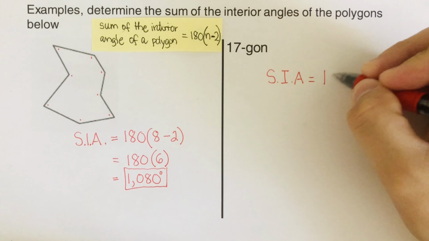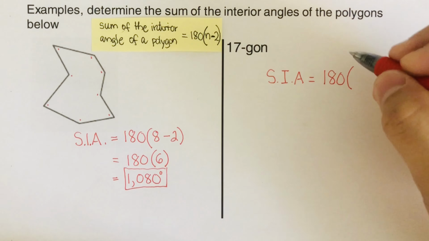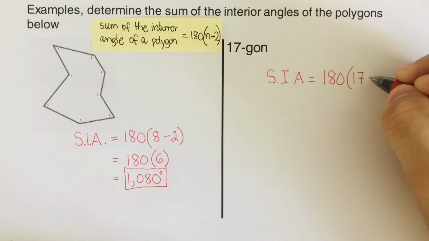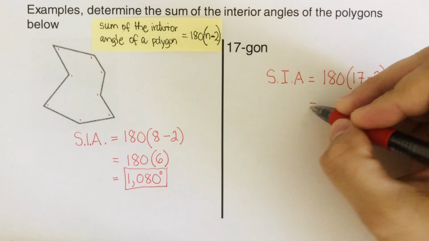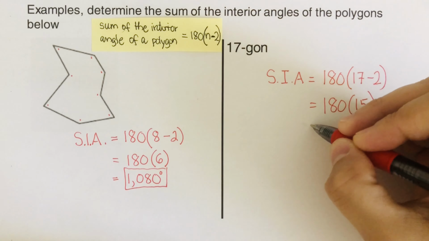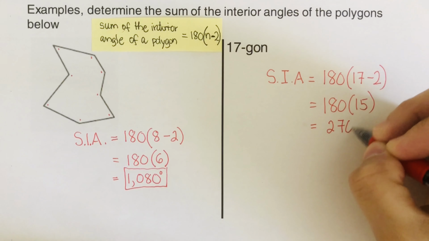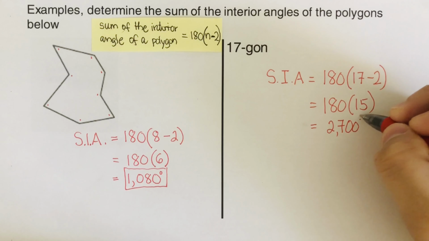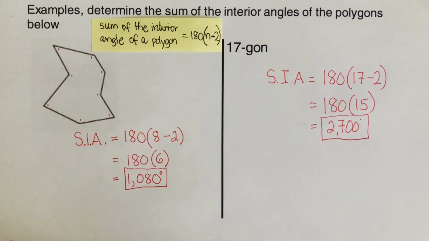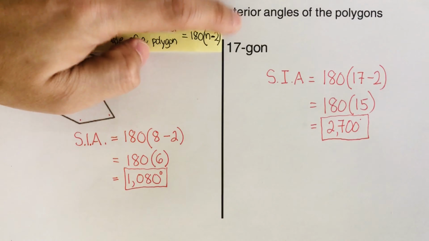That would be 180 times n, where n here is 17, so 17 minus 2, which is 15. So 180 times 15 is 2700 degrees. So the sum of the measures of all the angles inside a 17-gon is 2700 degrees. Did you get the same answer? Good. Perfect.